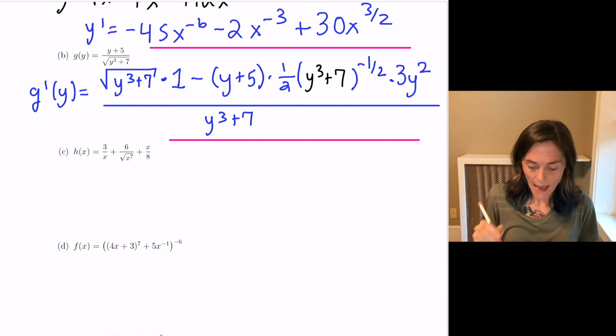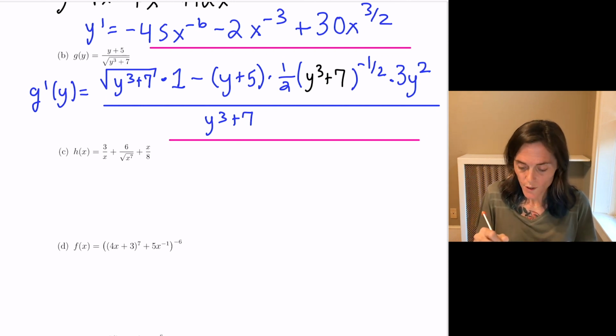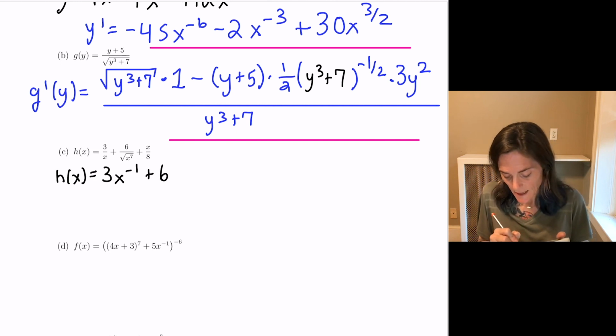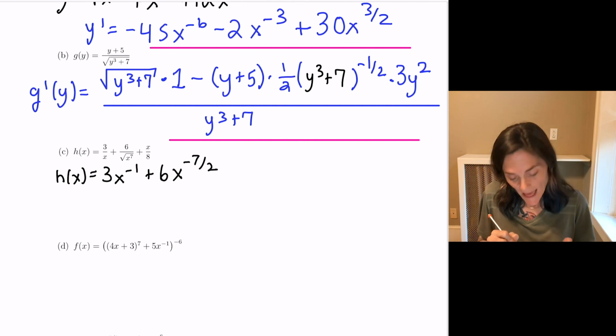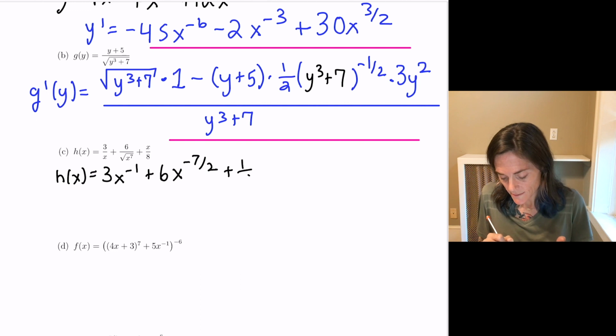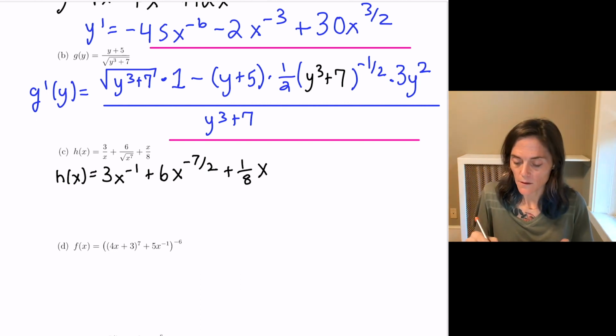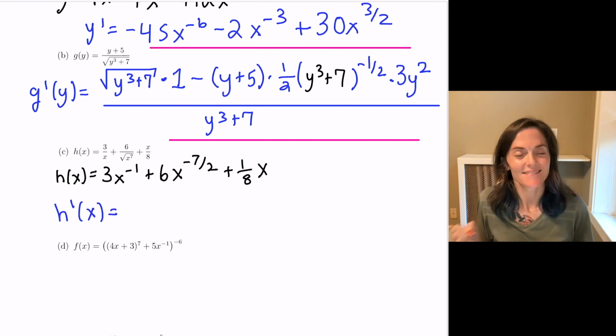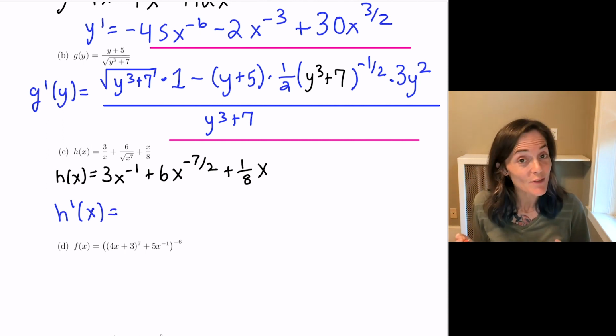Okay, H is a power rule question. So first, let's just rewrite everything as a power. H of x, we have 3 x to the minus 1. We have 6 x to the negative 7 over 2. Then we have 1 over 8 x. Wonderful. Now differentiate. Power rule in all three terms.